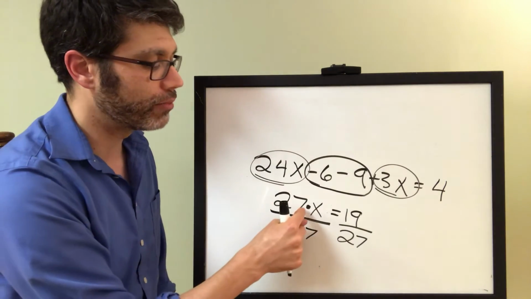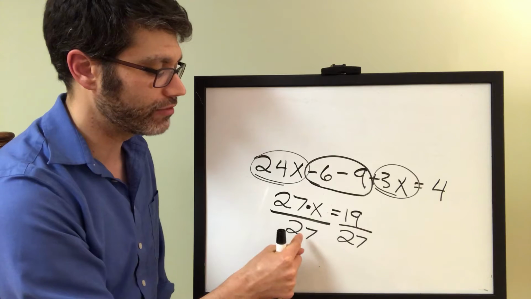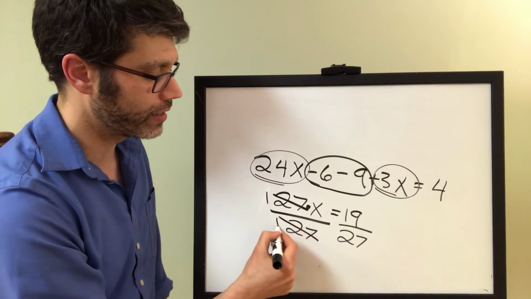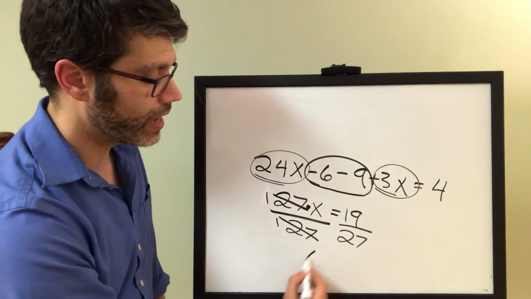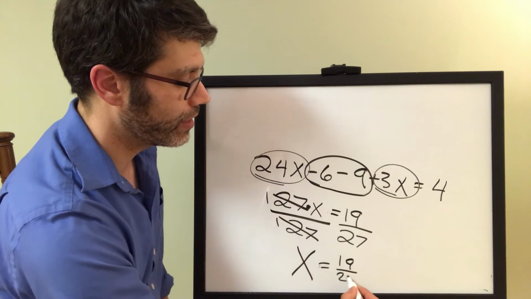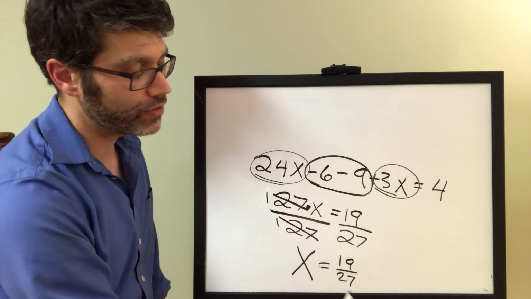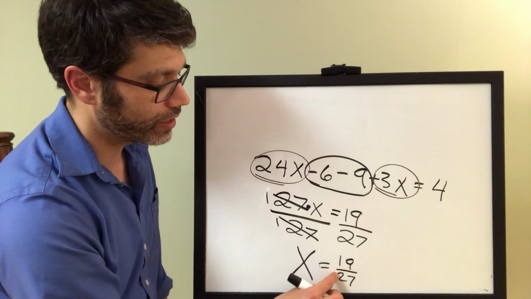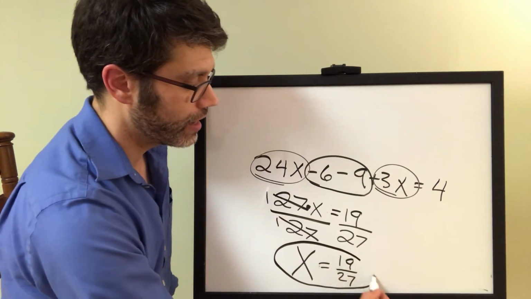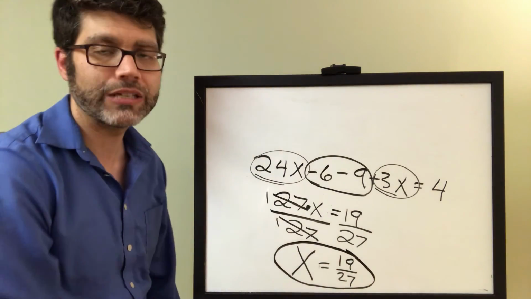No, you have to break a multiplication bond with division. All right, so 27 over 27 just cancels to 1. So 1 times x, you've got x on the left-hand side and 19 over 27 on the right-hand side. 19 over 27, there are no common factors of 19 and 27. So this is just a fraction that's already reduced. And that's our answer. x equals 19/27.